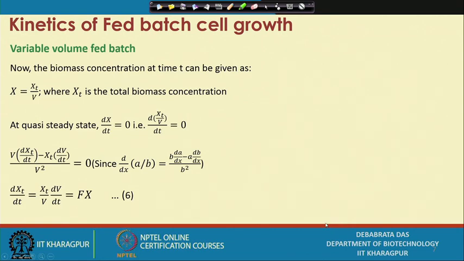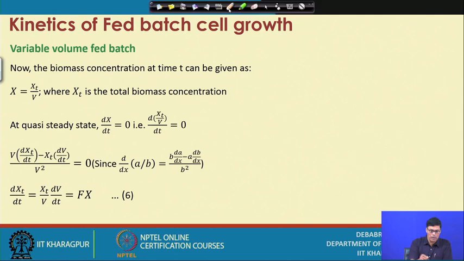Then now the biomass concentration at time t can be given by X. X is the total cell mass, and x is the cell mass concentration. Then Xt divided by volume is the cell mass concentration. So, in the quasi steady state condition, we assume dx by dt to be 0.